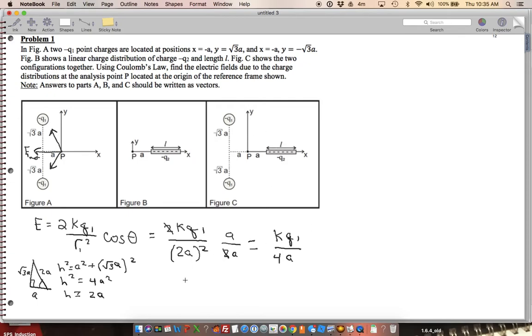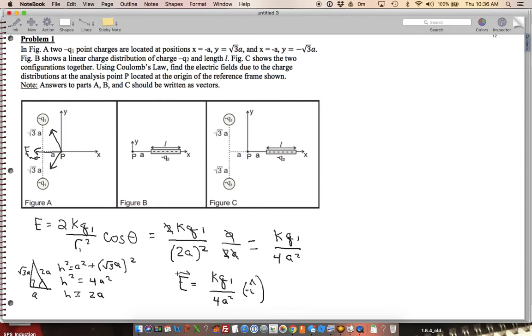So I'm going to say that E is equal to kQ1 over 4a. I have 4a squared because this a and this a cancel. So it should be squared. 4a squared in the negative i hat direction.